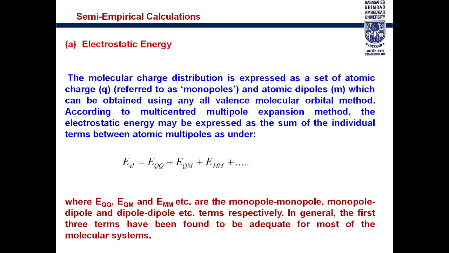According to the multi-centered multipole expansion method, the electrostatic energy may be expressed as the sum of individual terms between atomic multipoles as under: E electrostatic is equal to EQQ plus EQM plus EMM plus so on, where EQM and EMM etc. are the monopole-dipole and dipole-dipole terms respectively. In general, the first three terms have been found to be adequate for most of the molecular systems.